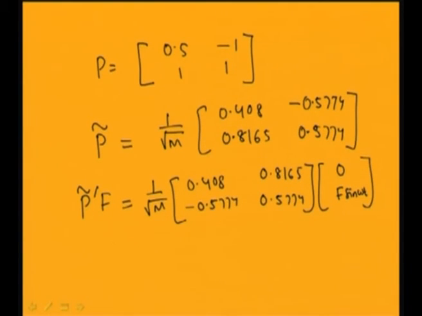The first equation becomes 0.8165 F sin omega t, and the second becomes 0.5774 F sin omega t.